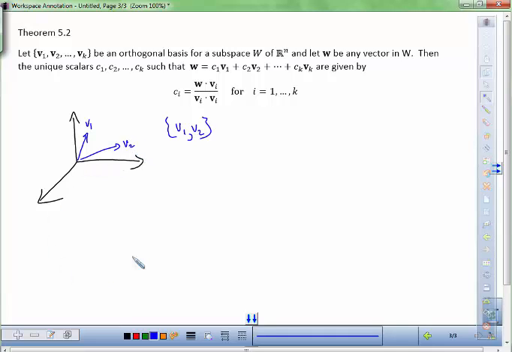And remember, if I span 2 vectors in 3D, my subspace is a plane. So let's say I have a plane, and V1 and V2 are on that plane, so that's my subspace. This is my W, and I've got V1 and V2 in there in R3.